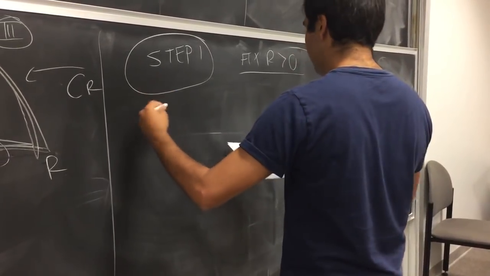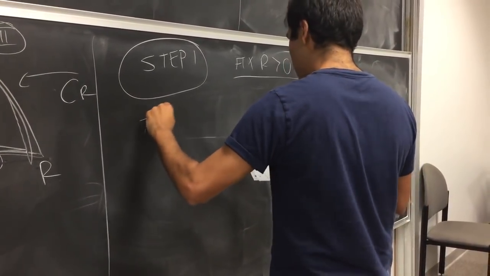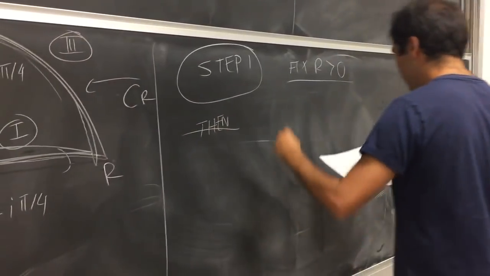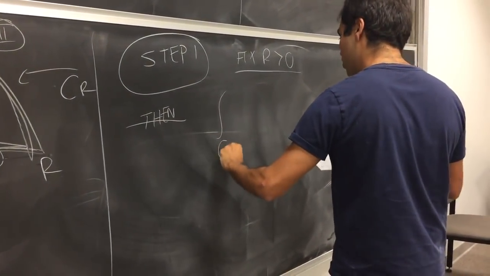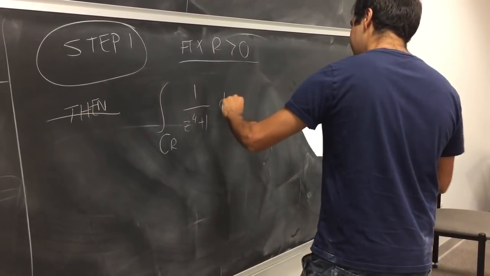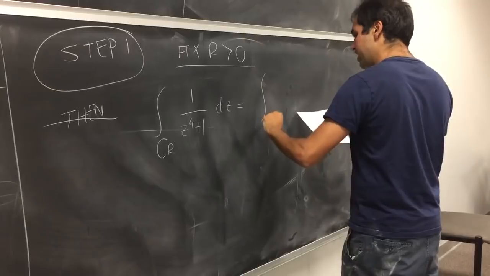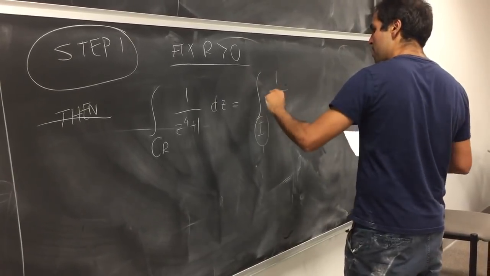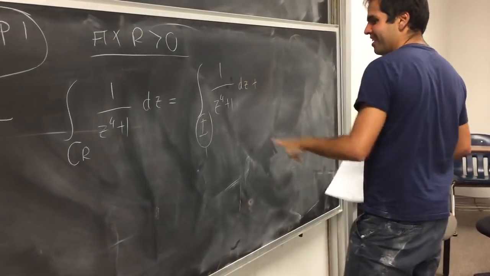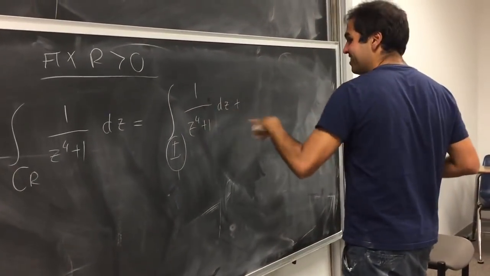Okay, then what do we have? Well, because the curve consists of the 3 parts, the integral over that curve, 1 over z to the 4th plus 1 dz, equals the integral of the first part, 1 over z to the 4th plus 1 dz. It makes me feel very dizzy, dz.